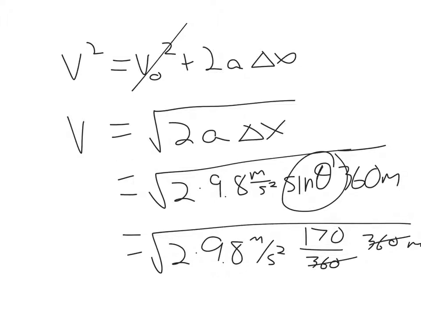So what I'm really doing is the square root of 2 times 9.8 times 170. So let's see what that is. Square root of 2 times 9.8 times 170 equals 57.7. All right.